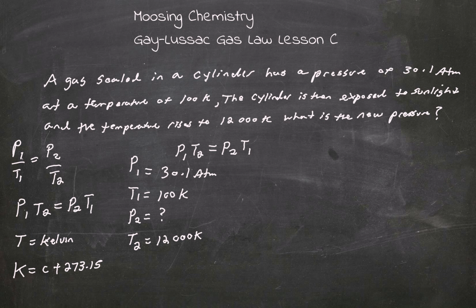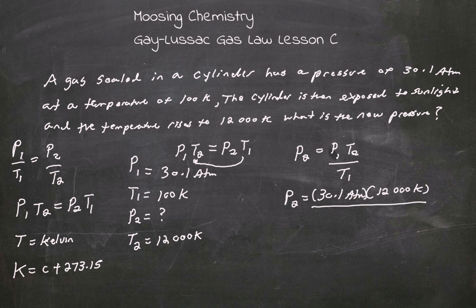So we want to isolate for P2 in this case. So that means T1 is going to come underneath here, right? So P2 equals P1 T2 over T1. All right, so P2 equals 30.1 atmospheres times our second temperature actually, 12,000 K. Wow, that's pretty hot.